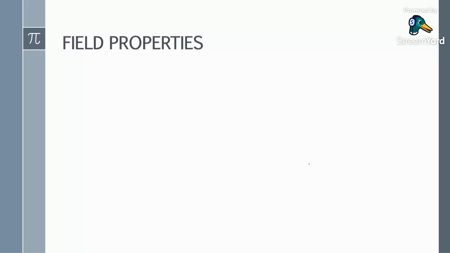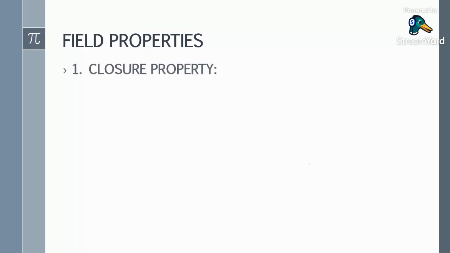Now, there are different field properties. Throughout this section, we will let A, B, and C represent any numbers that are members of the set of real numbers, known as the field properties. The first property is the closure property.